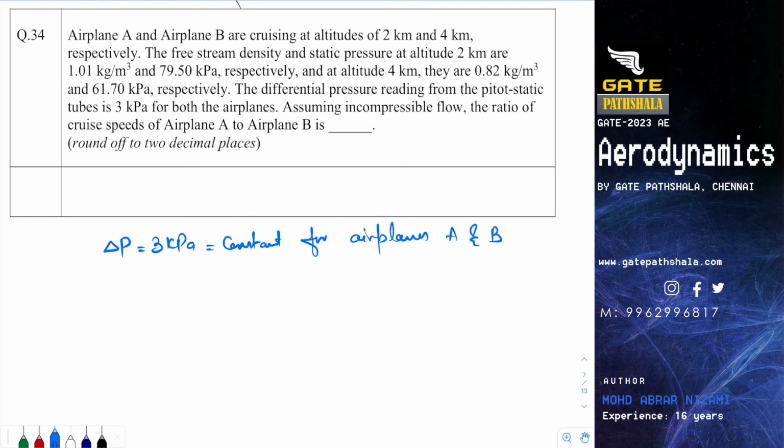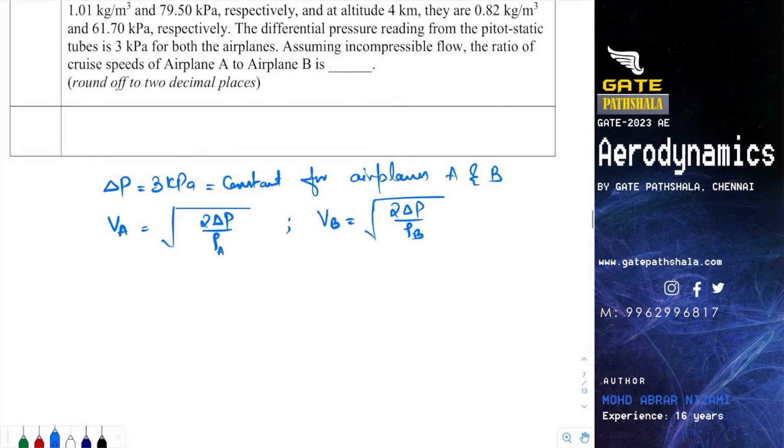Assuming incompressible flow, find the ratio of cruise speeds of airplane A to airplane B. The cruise speed for an airplane which is measured by the pitot static tube is given by root of 2 delta P by rho. I will be taking rho A, rho B separately. So this is VA for aircraft A, and VB is under root of 2 delta P by rho B. Why am I writing delta P? Because it's same, so no need to worry about it.